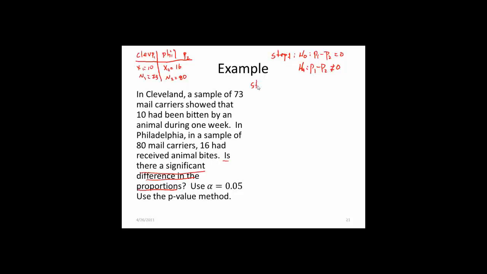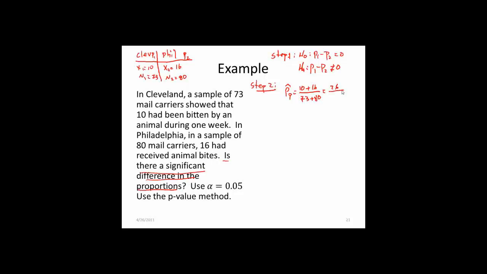So step 2, we need to compute our test statistic. So again, to compute our test statistic, we need to come up with our p hat sub p. So we know that's going to be x1, which is 10, plus x2, which is 16, divided by 73 plus 80.